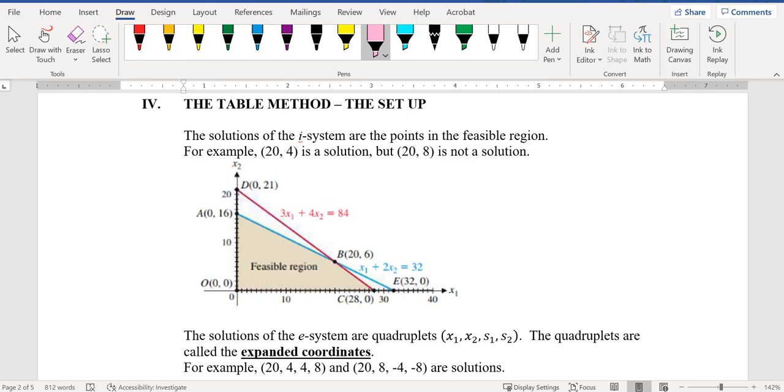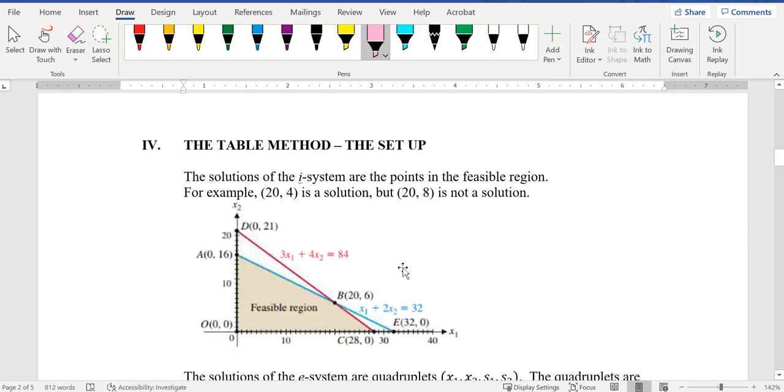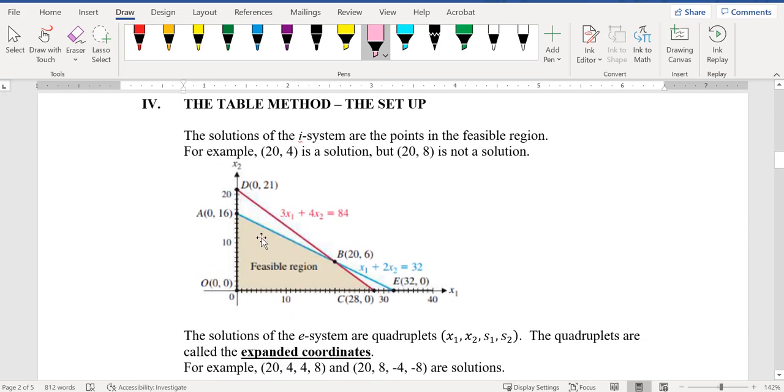Let's talk about the setup of the table method. The solutions of the I system, remember the inequality system, are the points in the feasible region. If we were to graph that inequality system, the one circled there in green, using the geometric approach, all of the points in the feasible region would be solutions.